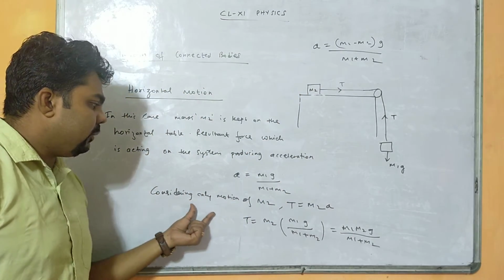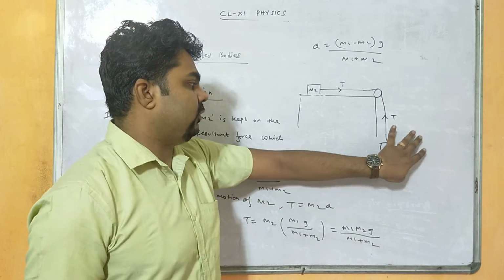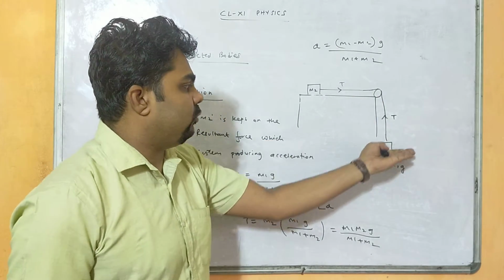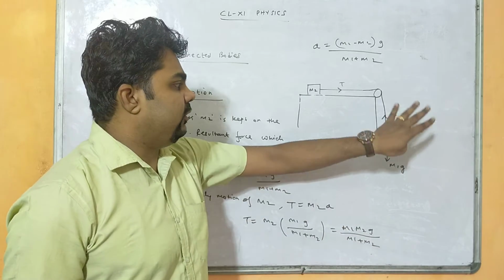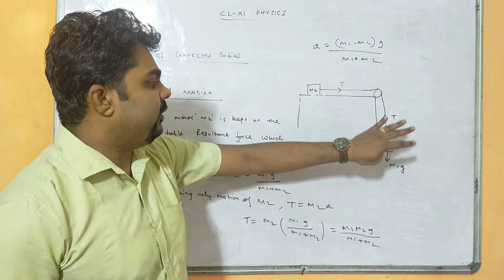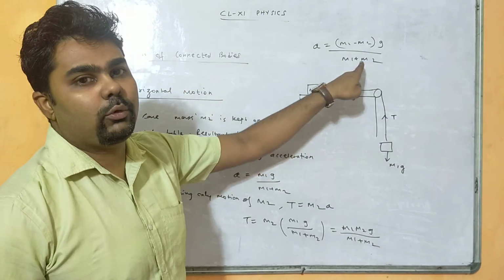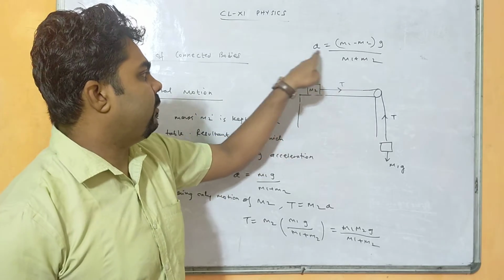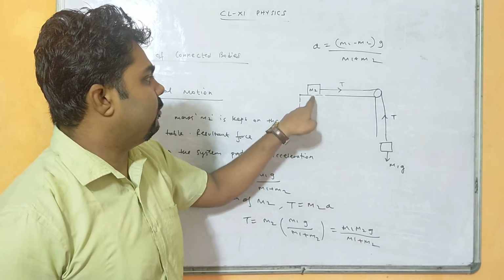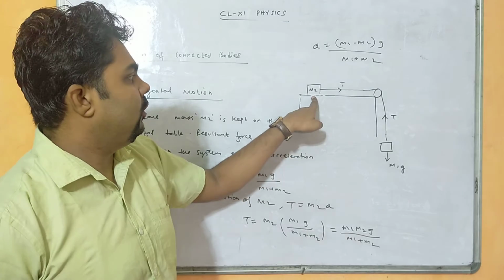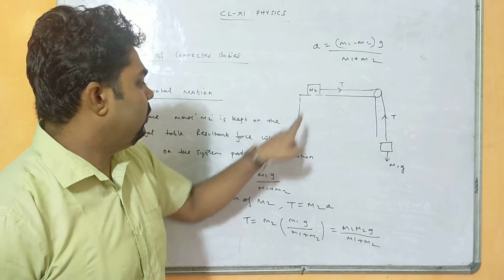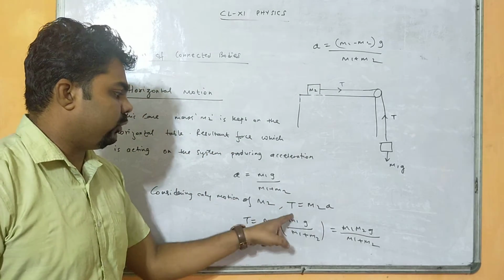So considering only the motion of m2, I am not considering whether it is going up or down, it is just still, because the force acting on the string is balanced by the resultant force on this mass m2. So m2a equals tension.